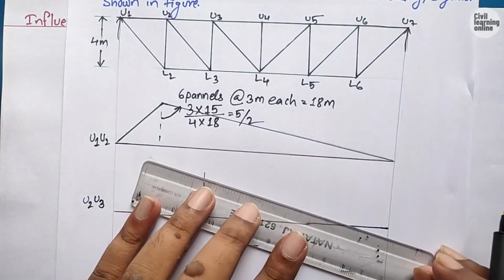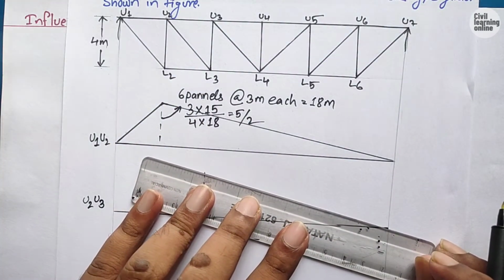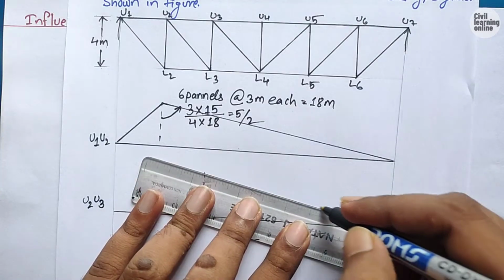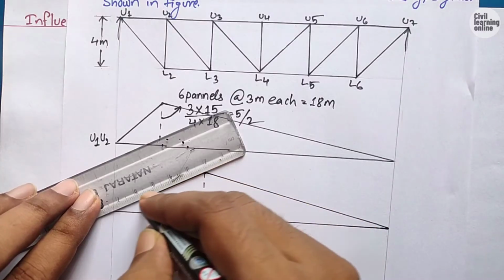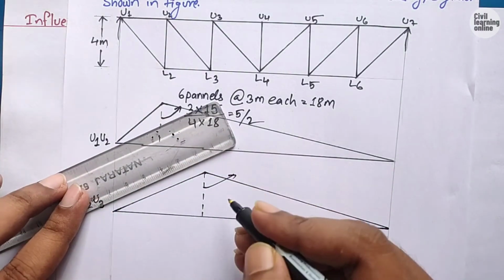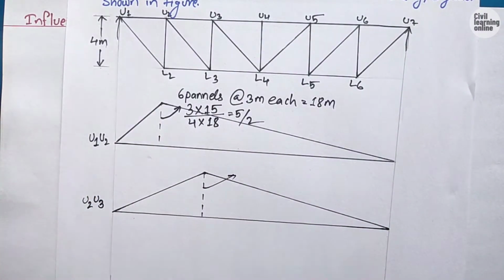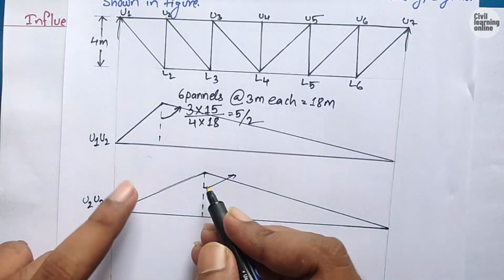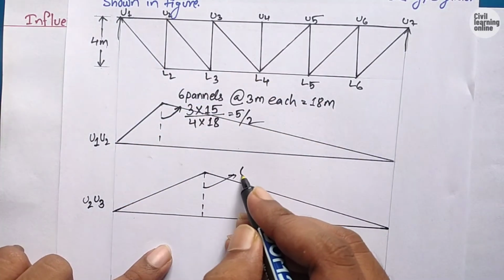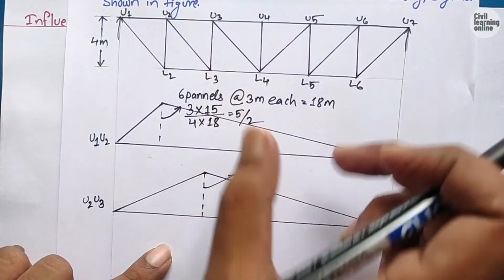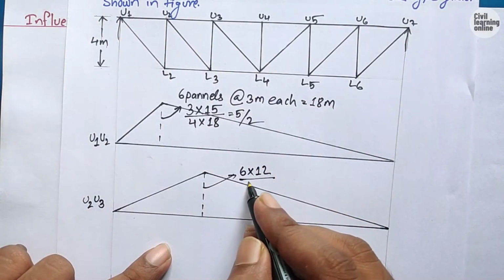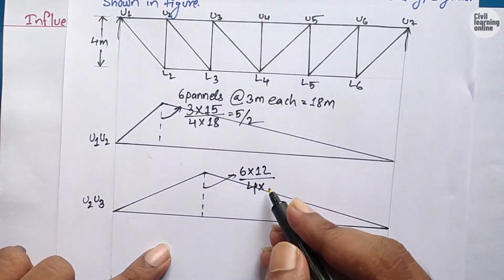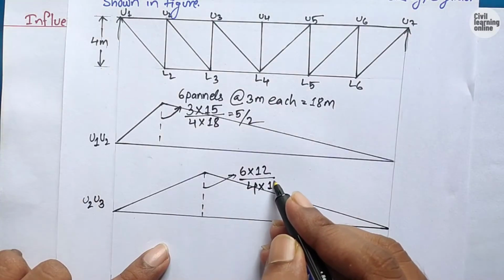Now join the node and the end of this line on both sides, and after joining we can easily compute the height by multiplying the spans on either side of the U3 node, which is 3 plus 3, meaning 6, multiplied by the remaining portion of the 18 meter, which is 12, divided by the height of 4 meter and the whole span of 18 meter.